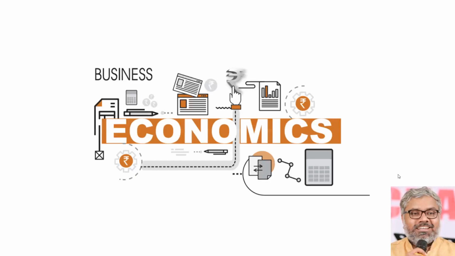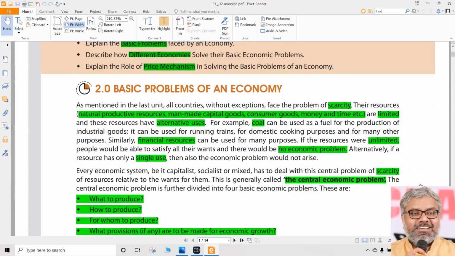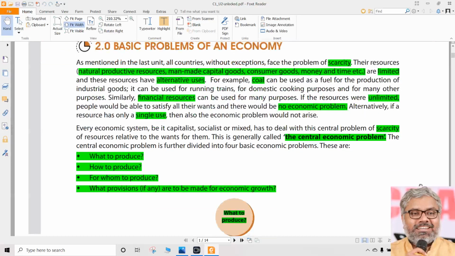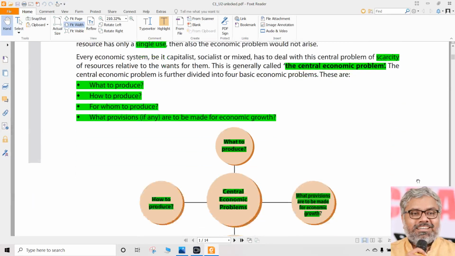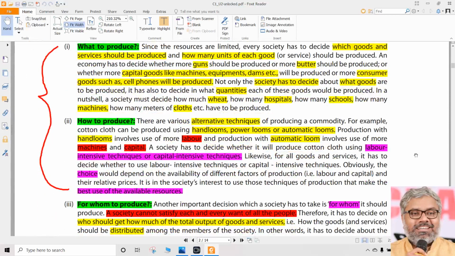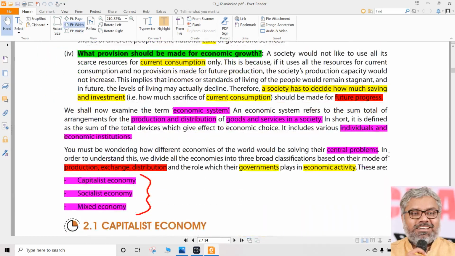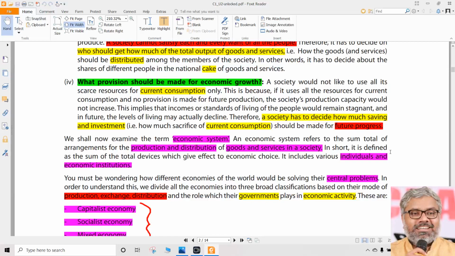In the earlier sessions, after completion of Unit 1 of Chapter 1, we started Unit 2 of Chapter 1, in which we discussed what the central economic problem is for any economy or society, and what kind of questions any type of economic system should answer, namely what to produce, how to produce, and for whom to produce, and what provisions should be made for economic growth.